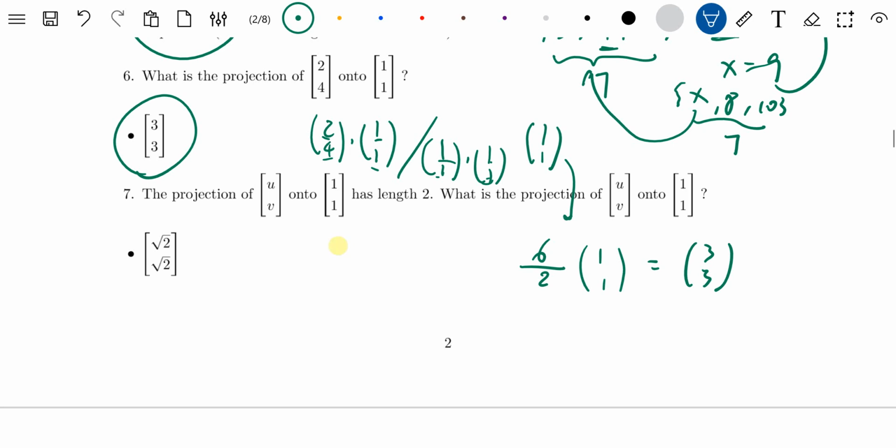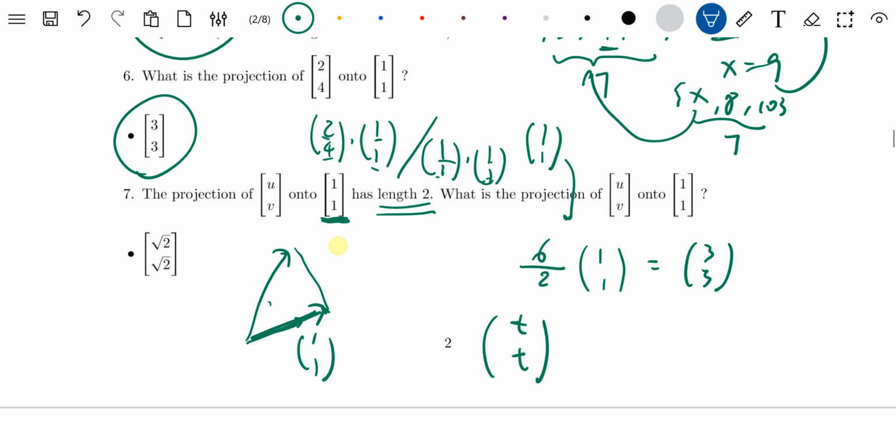The second one here has length 2 and it's projected onto this. So basically, it's whatever that is, projected down. The length is 2 in this 1, 1 direction. So the only thing to do is to make this direction, say, t, t, should have length 2.